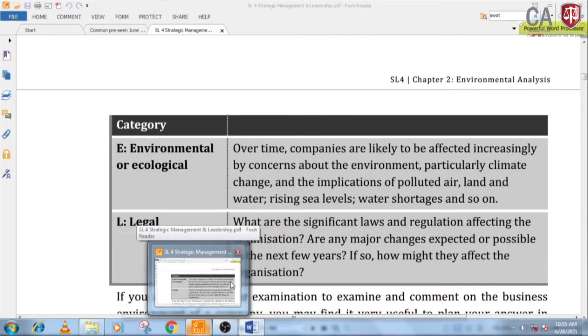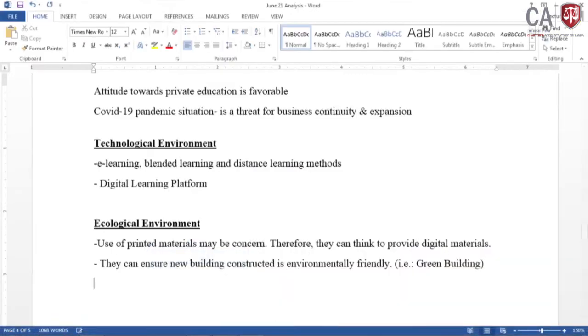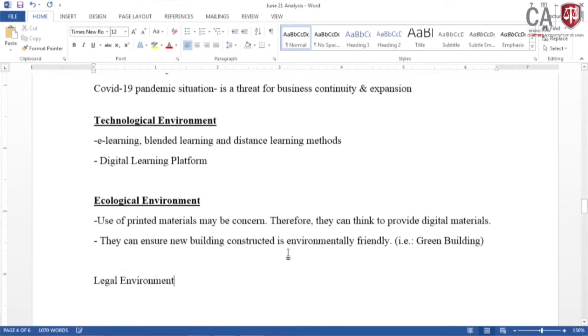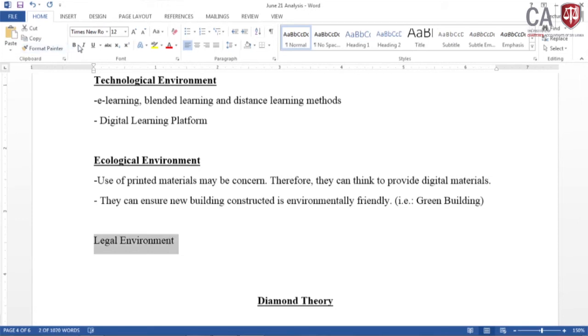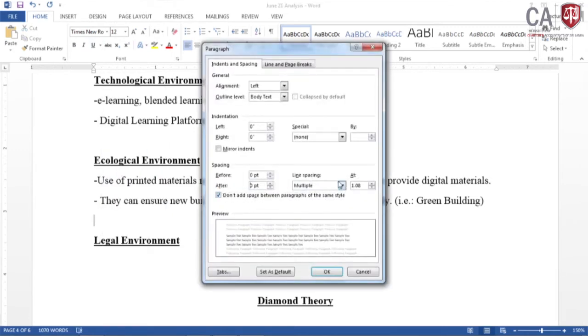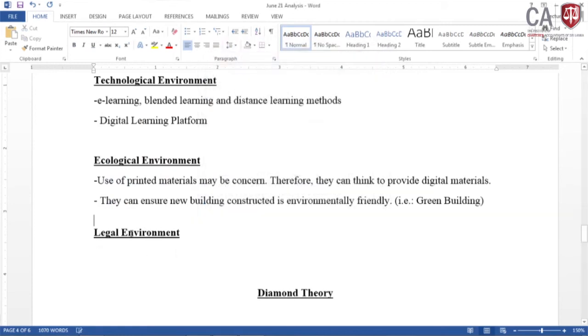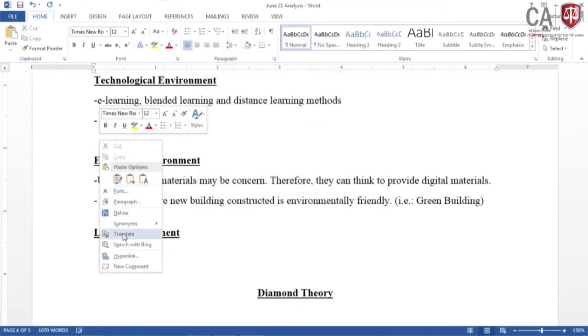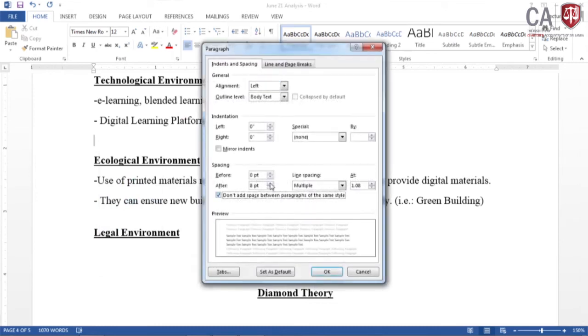So what is the final one? Legal environment. What are the things we can consider under here? There are a few concerns which may be applicable.